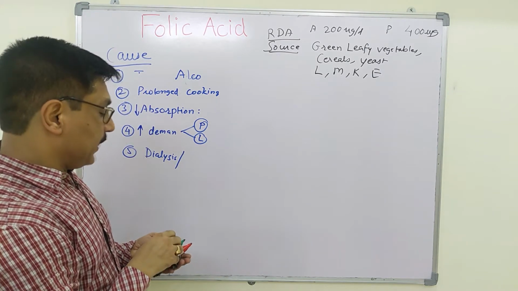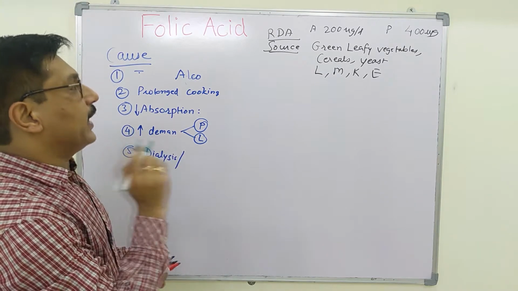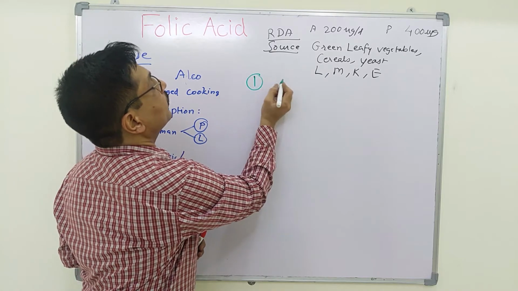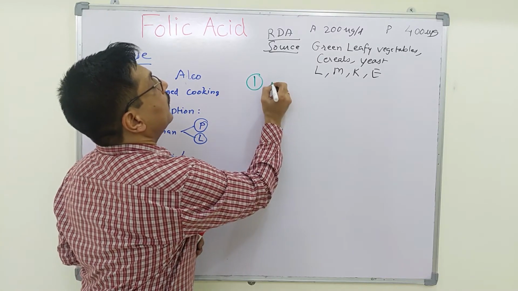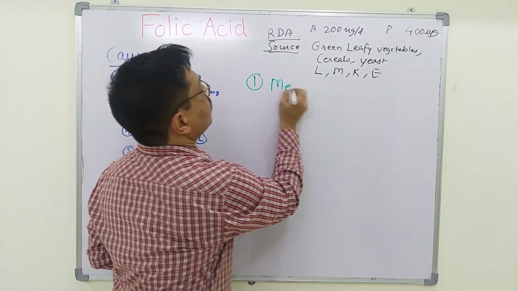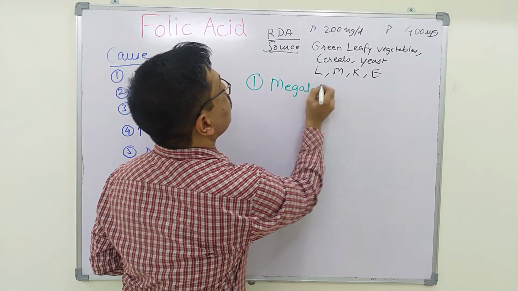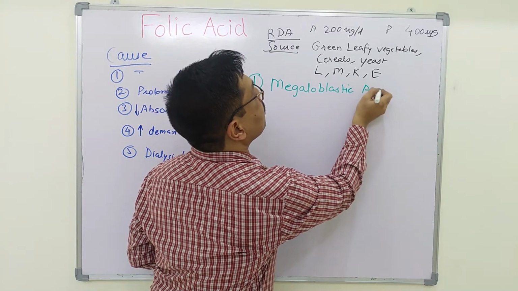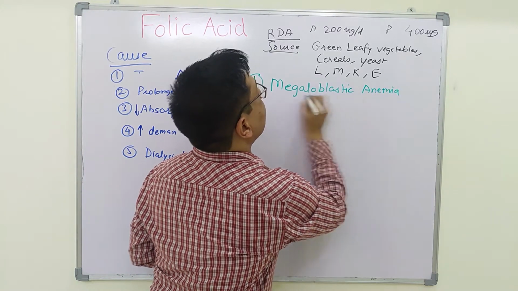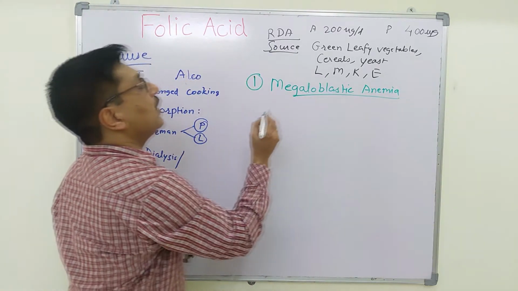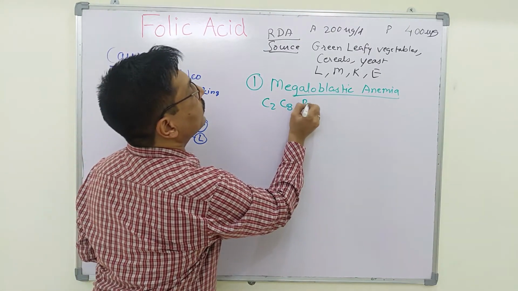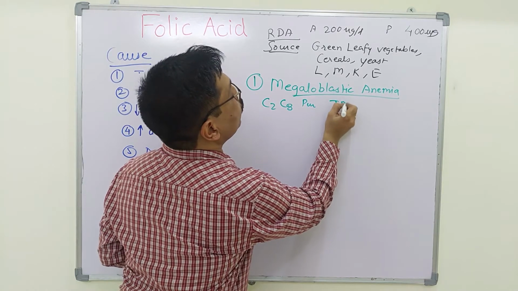So what are the deficiency manifestations of folic acid? The first manifestation is megaloblastic anemia. We have seen that folic acid is required for synthesis of C2 and C8 of purines and thymidine monophosphate.